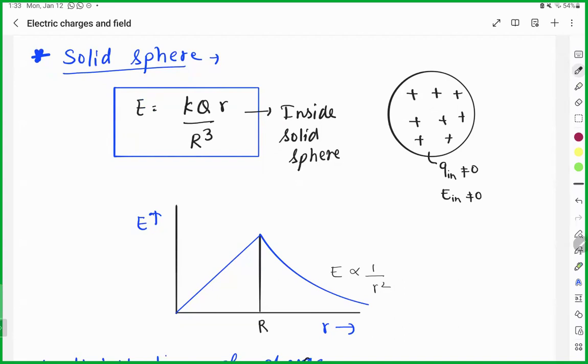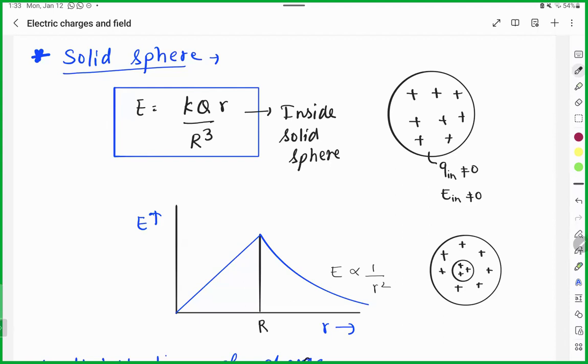So inside, for example, if I take this sphere and this sphere, in this sphere you have, let's take, three charge particles. In the big sphere you have three inner and seven outside charge particles.